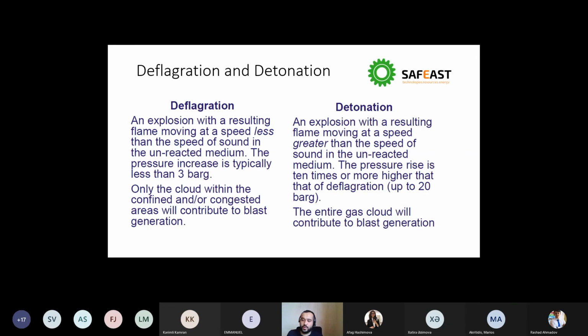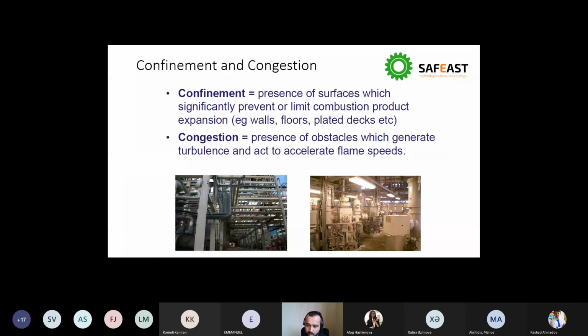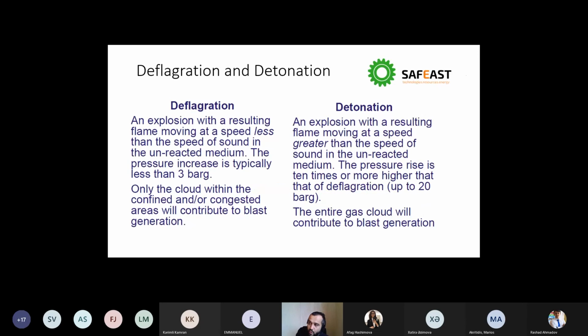And another phenomenon in explosions. First, there should be confinement or congestion for an explosion to happen, and second, deflagration or detonation will decide the extent, the power, and the damage of the explosion.